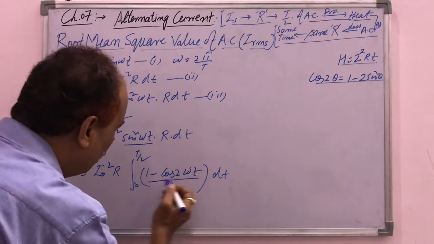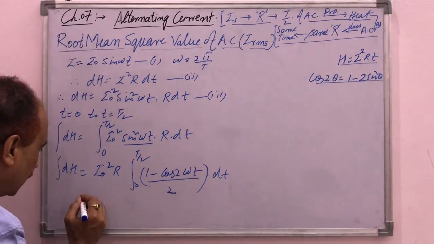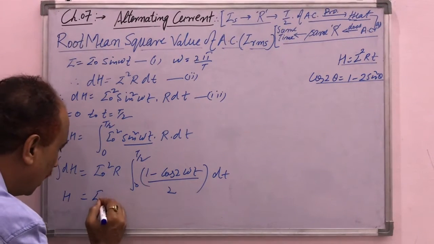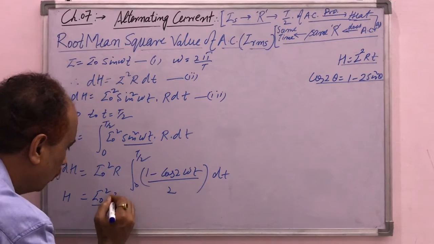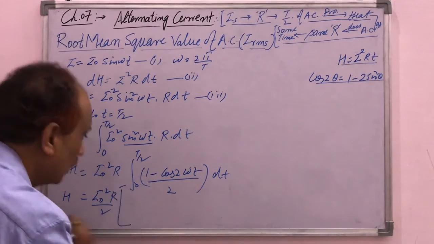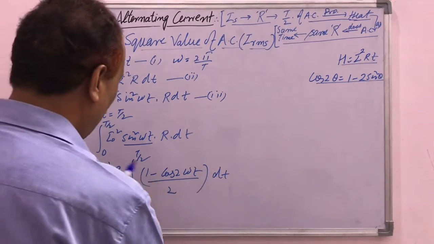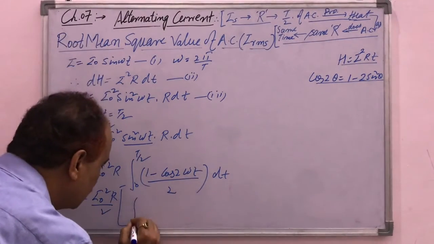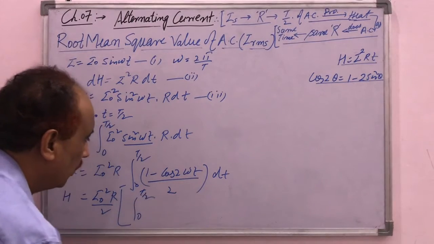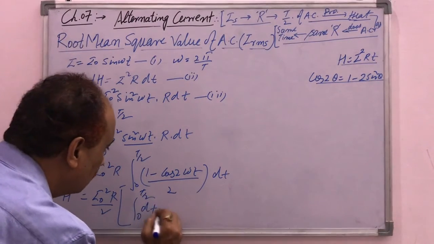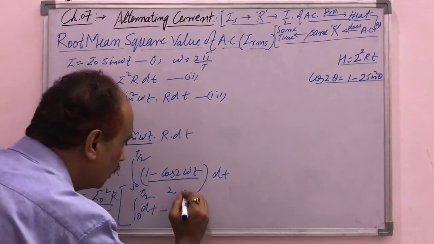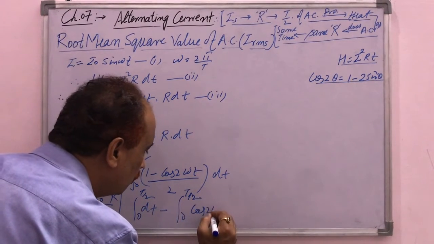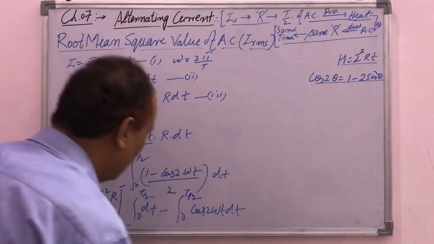Now multiply by dt and write the 2 outside the integration. So the integral of dH equals I naught square R upon 2, multiplied by dt in the 1 and dt in the cos 2 omega t term. We get the integral from 0 to T by 2 of dt minus the integral from 0 to T by 2 of cos 2 omega t dt.